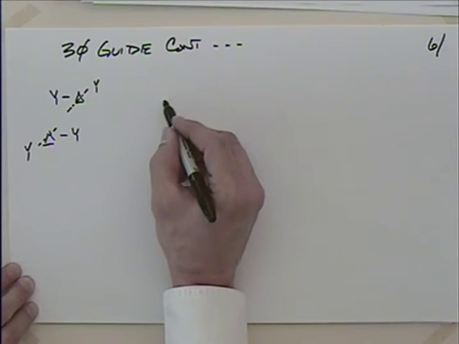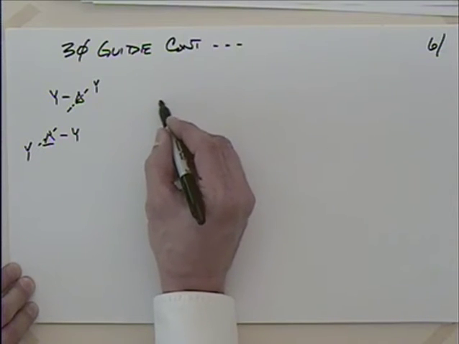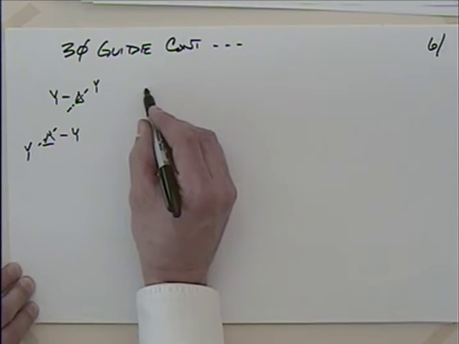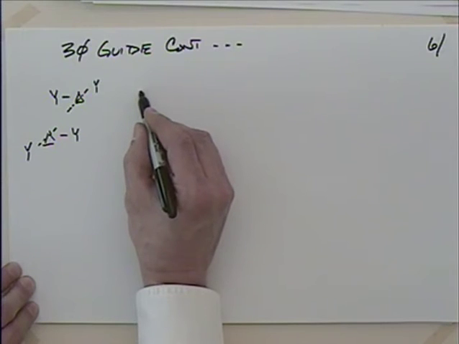So if I were to take this, let's say, and I'll do it for a load. Sometimes you have to do it for a source if you have source impedance.